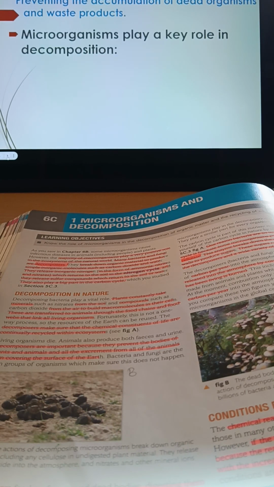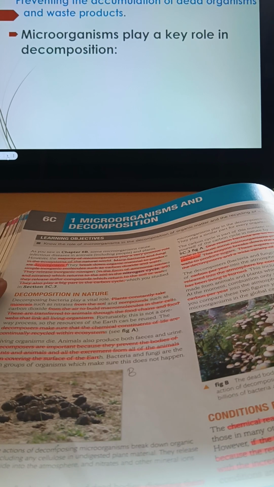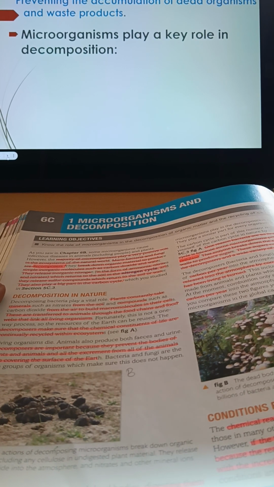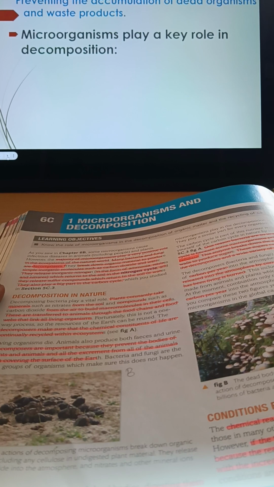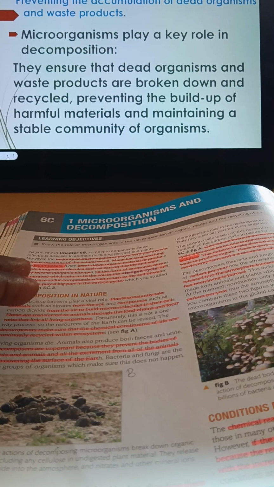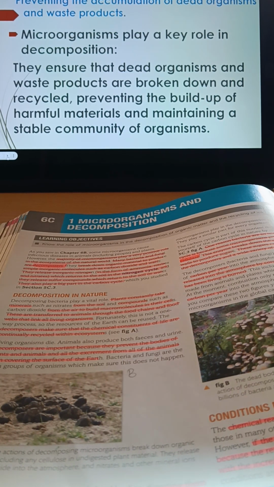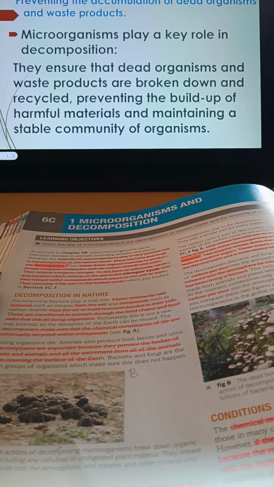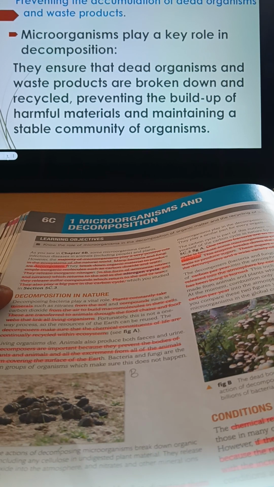The first one is preventing the accumulation of dead organisms and waste products. Microorganisms play a key role in decomposition. They ensure that dead organisms and waste products are broken down and recycled, preventing the buildup of harmful materials and maintaining a stable community of organisms.